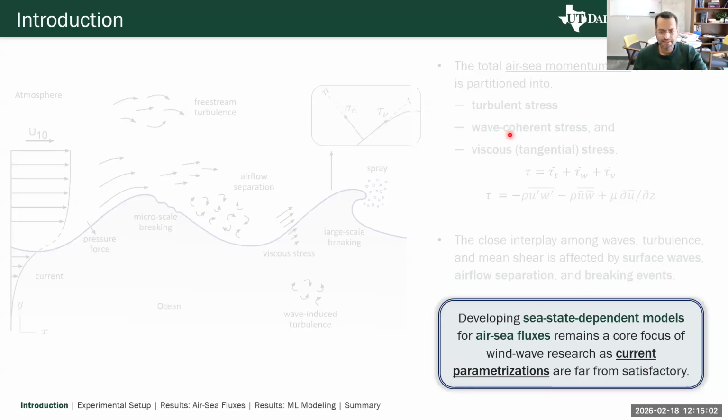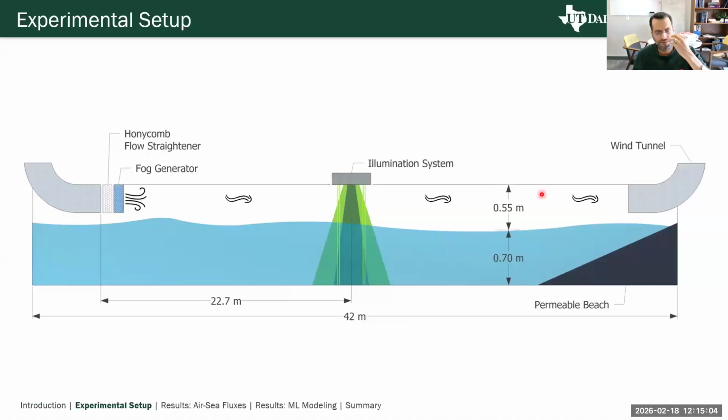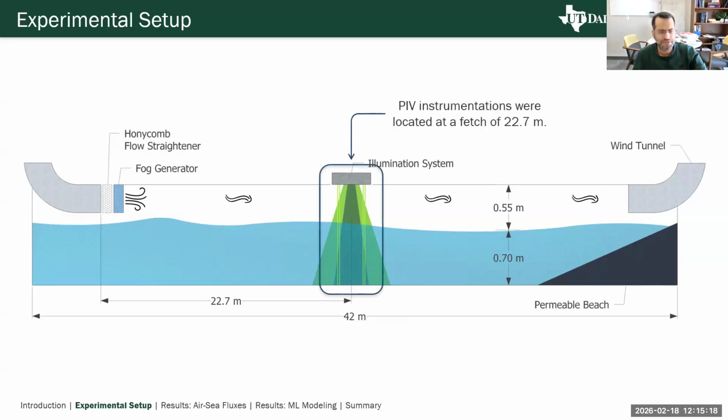To better understand this partitioning of the momentum flux above the surface, we performed a set of laboratory experiments in a wind wave tunnel facility. This facility is especially designed for air-sea interaction studies, and we are using it to do measurements based on what is called particle image velocimetry. Particle image velocimetry is a flow visualization technique in which we put very small particles into the air and take two consecutive snapshots.